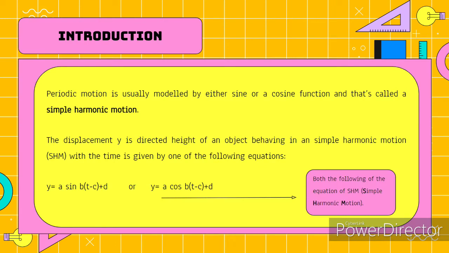Periodic motion is usually modeled by either sine or cosine functions, and that's called simple harmonic motion. The displacement y, or height or length of an object behaving in simple harmonic motion with respect to time t, is given by one of the following: y is equal to a sine b times t minus c plus d, or y is equal to a cosine b times t minus c plus d.